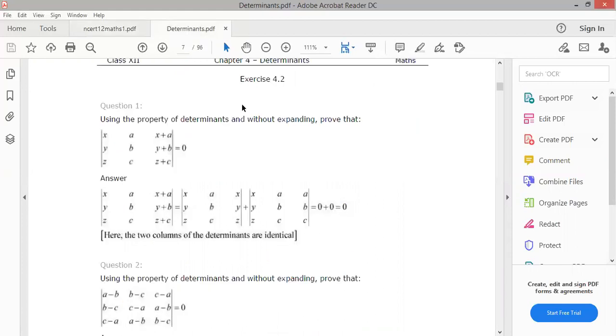In order to evaluate this, we will be solving it like this. It's x, y, z, a, b, c, x plus a, y plus b, z plus c.